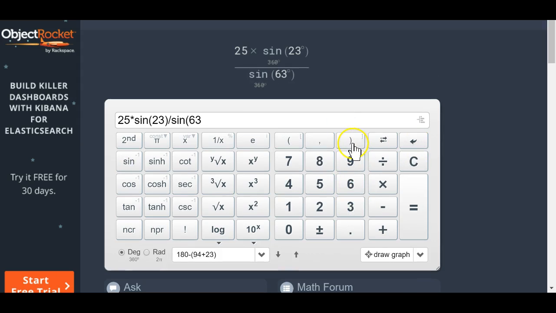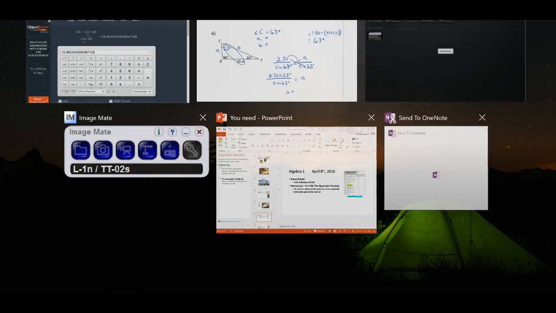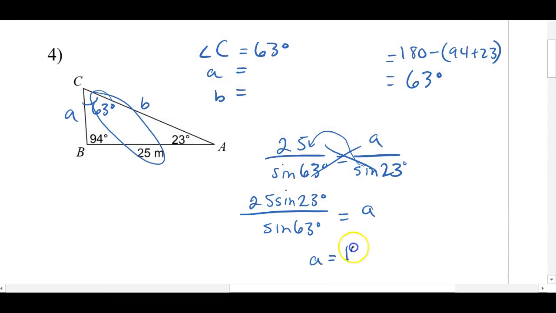Looks good. So we'll press enter or equals, and I get 10.96. There's our side A, 10.96 meters. So make sure you say the correct measurement or notation.